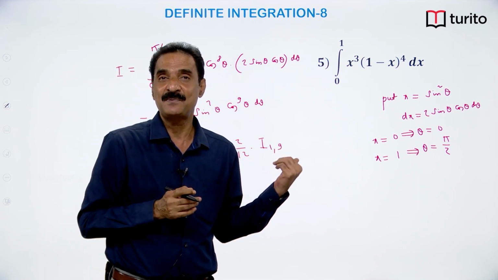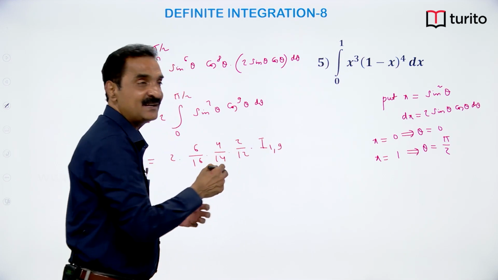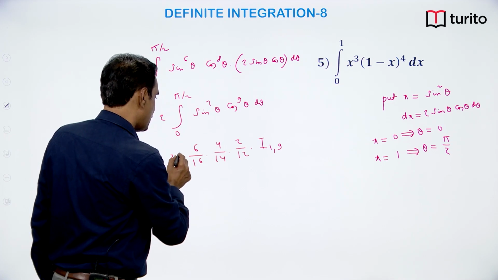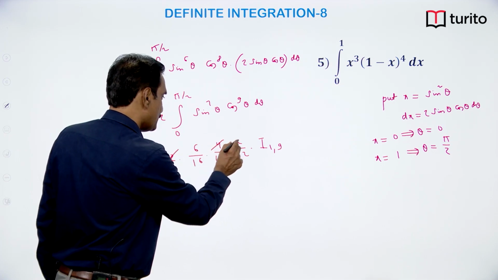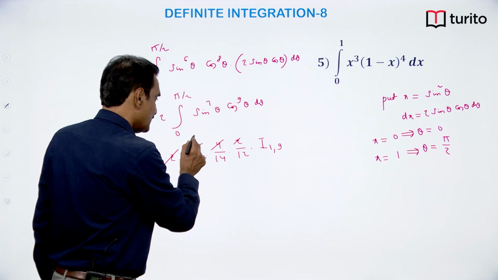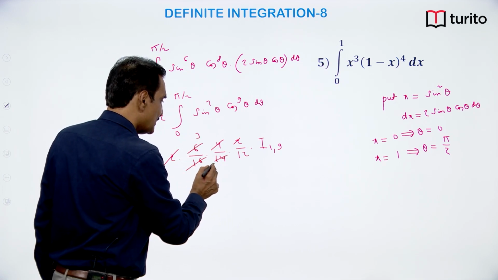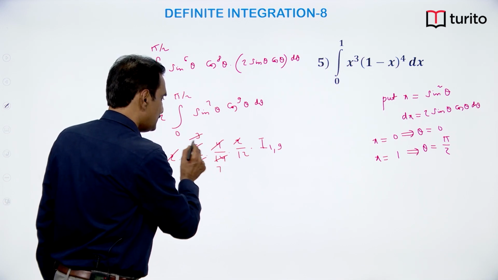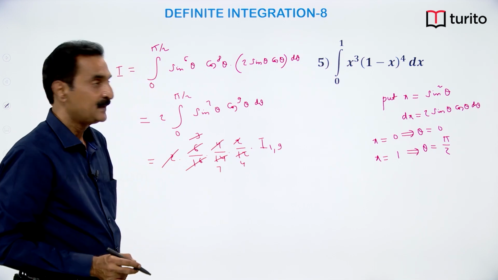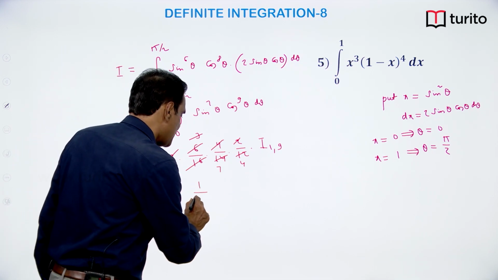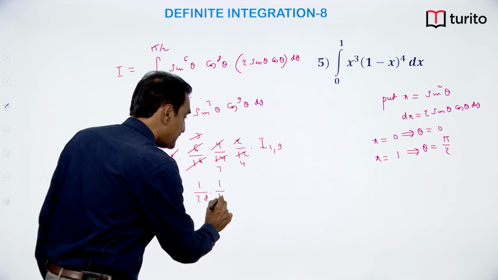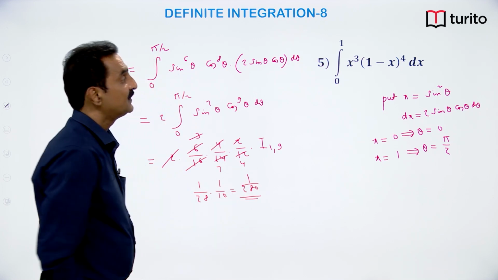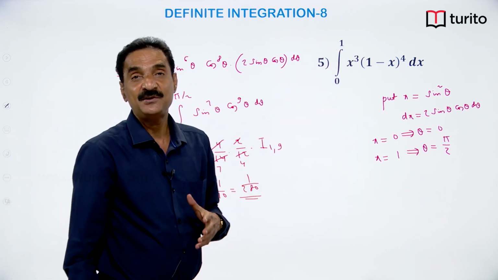We have discussed, 1 by n plus 1. So this I 1 comma 9 is 1 by 10. So here you simplify: 2 into 4 into 2, 16 cancels, 2 3s are 6, 7, 3 4s. Then you are getting 1 by 28 into 1 by 10. So the answer is 1 by 280. The value of this integral is 1 by 280.